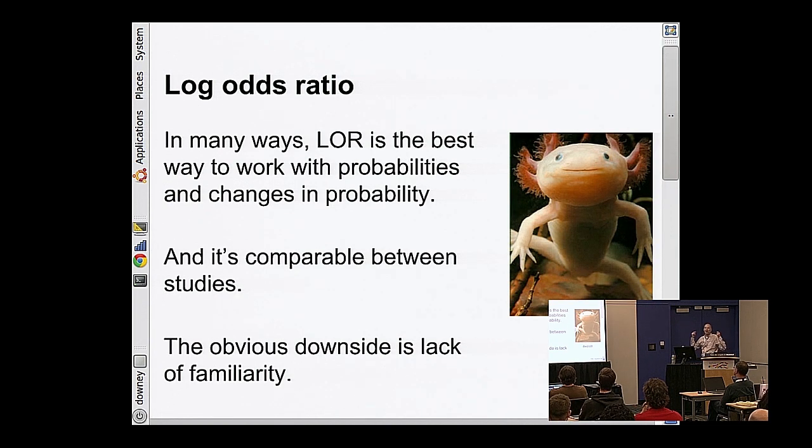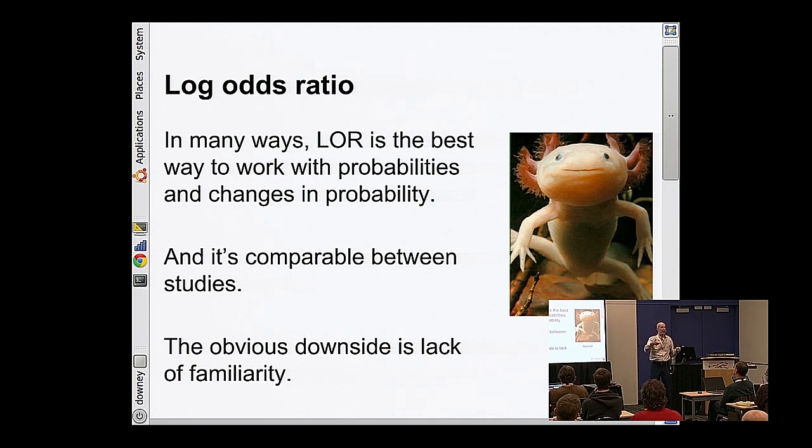So in my future world where people know what log odds is, this will be the best thing to use. If you are doing mathematics with probabilities, you almost always want to do it on a log odds scale. Let me explain why. Let's say that you want to compute the average between two probabilities. If you just do an arithmetic average between two probabilities, the result is pretty much nonsense. If you do an average between two log odds ratios, the midpoint of that is kind of the meaningful midpoint between the two.